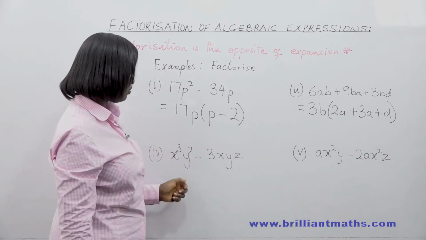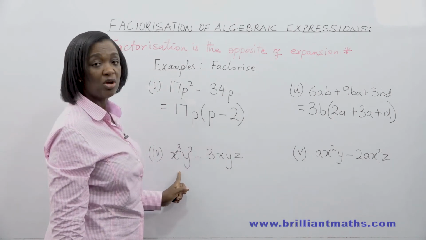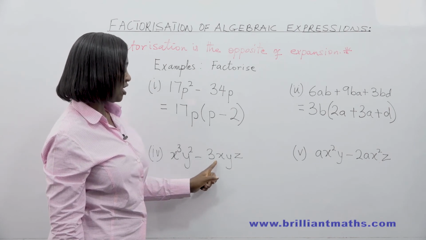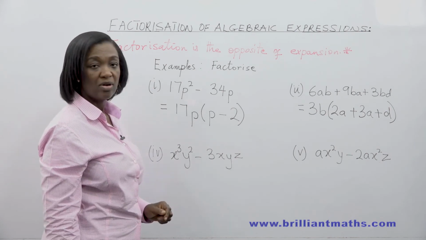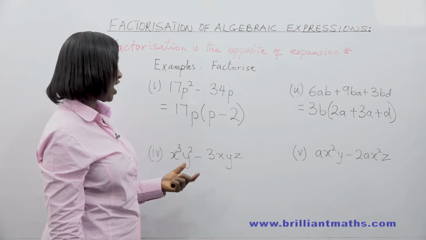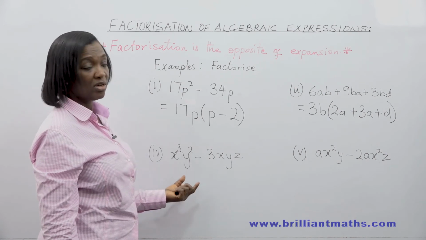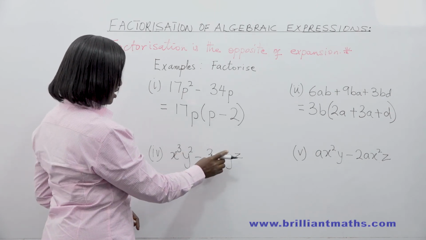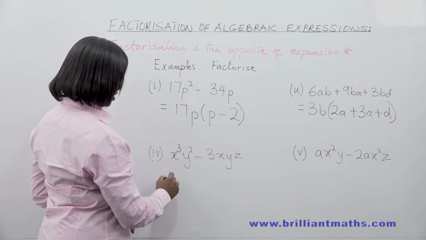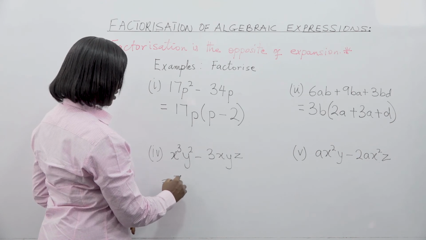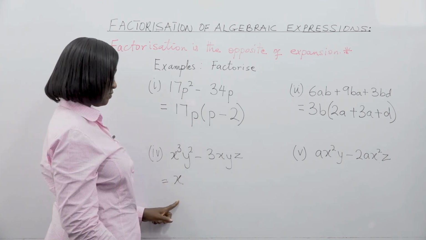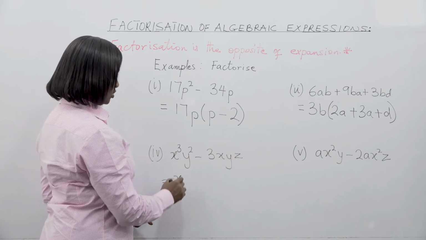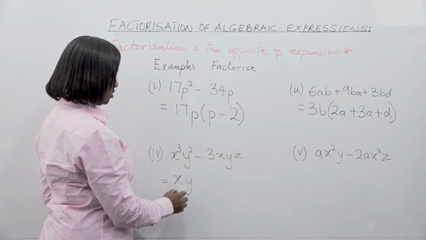In this next example, we have x cubed y squared minus 3xyz. We're looking for the highest common factor of the two terms. This is x cubed, and here we have an x. So x is common. This is y squared, and here we have a y. So y is also common.